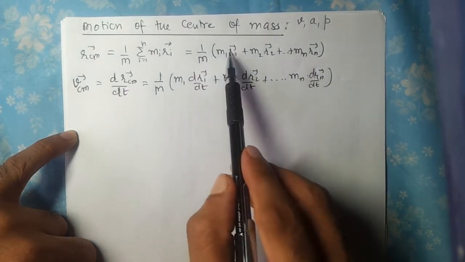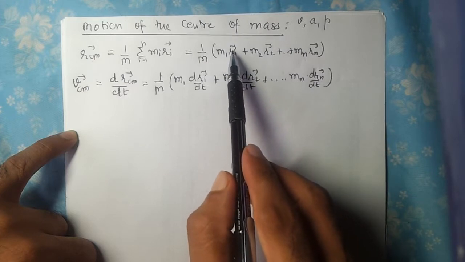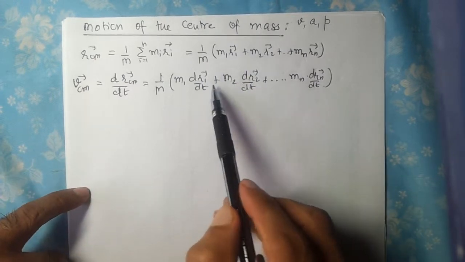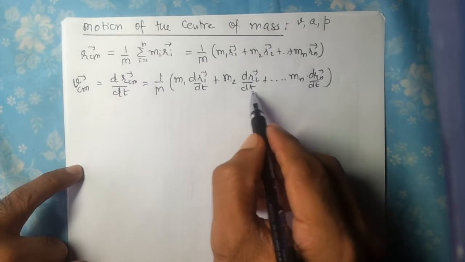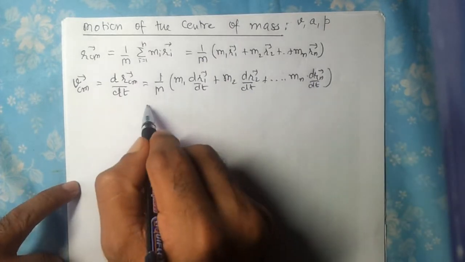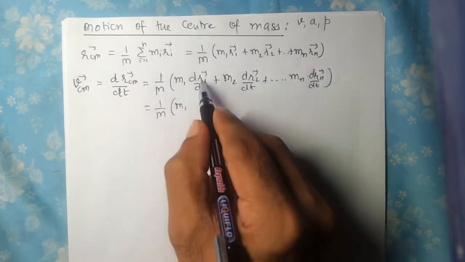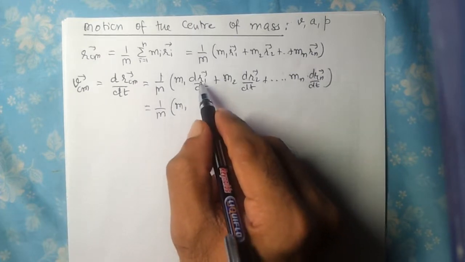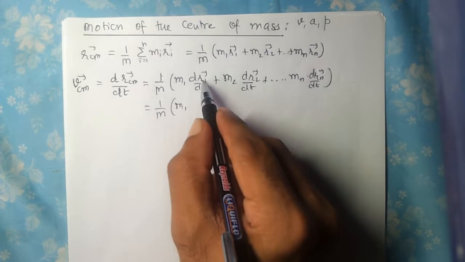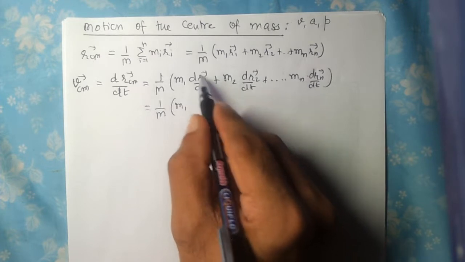Masses are constant, so basically I have to differentiate r1 with reference to time. So I'm getting dr1 by dt and dr2 by dt and so on and so forth. This can be written as 1 upon M into m1 times dr1 by dt, which is the velocity of particle number 1. Right? This is the first differential of position vector r1, velocity of particle 1.